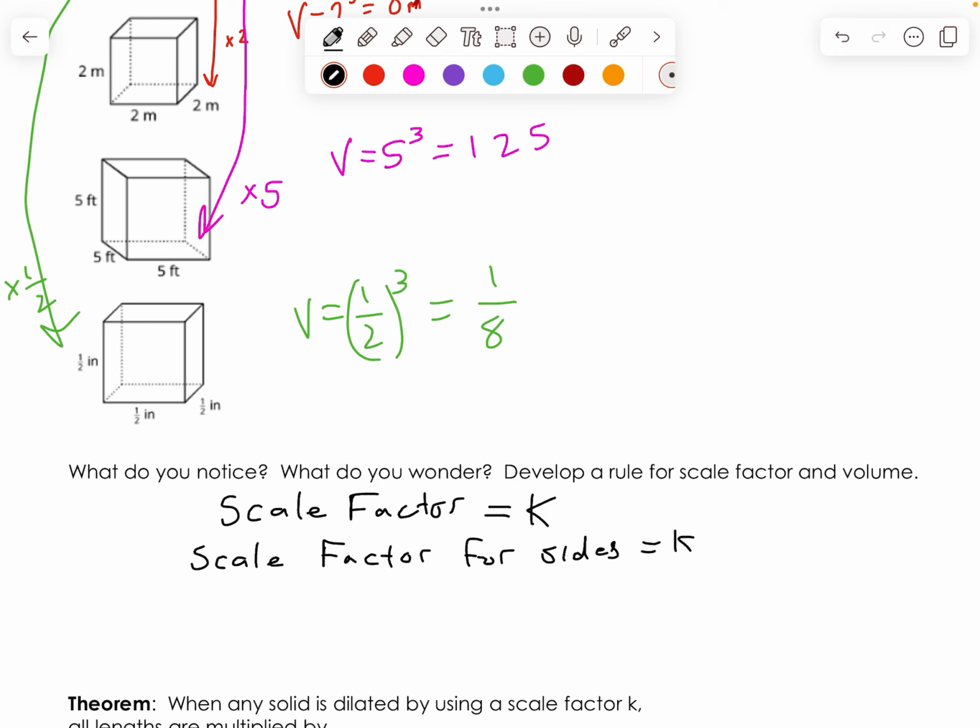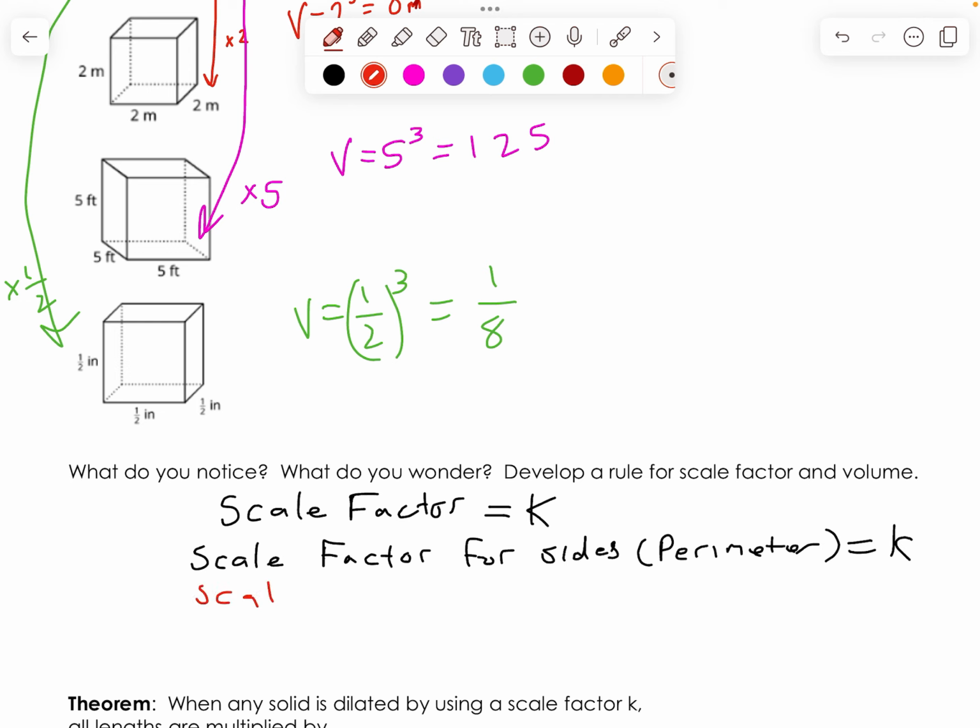When we do it for sides, actually, let me do this, timeout, and I'll put parentheses perimeter, because perimeter is just side lengths added together. That's K.